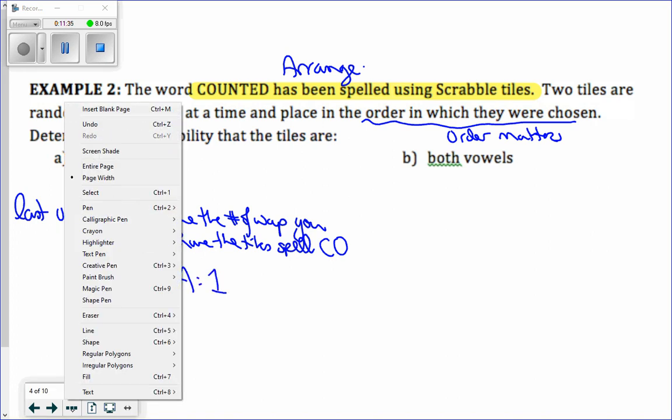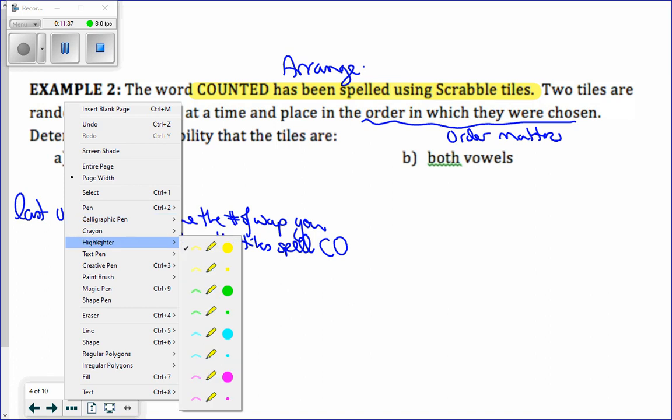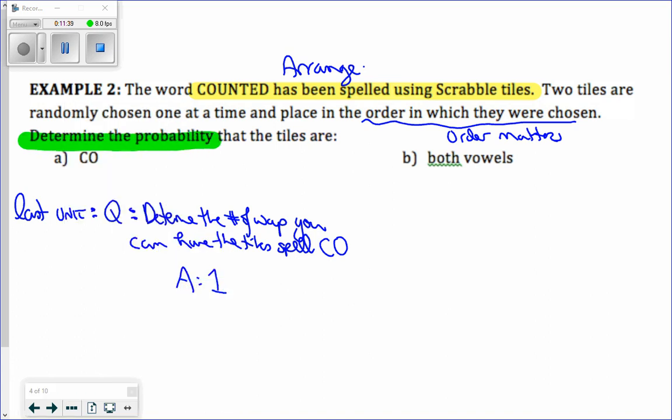Now, your question is saying, determine the probability that it spells CO. So, how many ways can you spell CO? 1. Now, the denominator is the total number of ways. So, how many tiles are you selecting, or arranging, sorry?